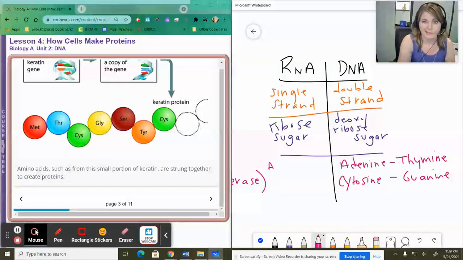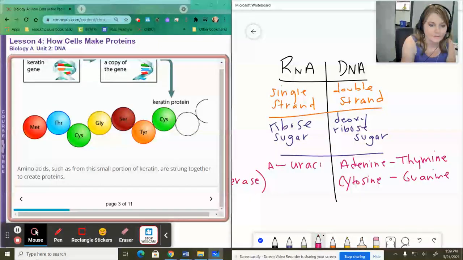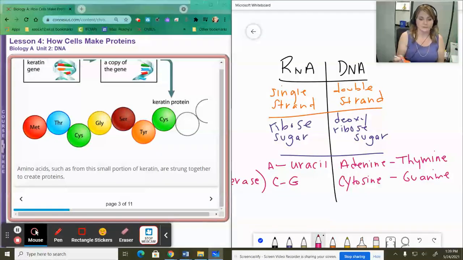I'm just going to put an A because I'm going to run out of space. But adenine doesn't bond with thymine. Instead, it bonds with something called uracil. It still has cytosine and guanine. Those are the same. So the only real difference is in the base pairs. I'm just going to put a green here, is uracil. Uracil instead of thymine.